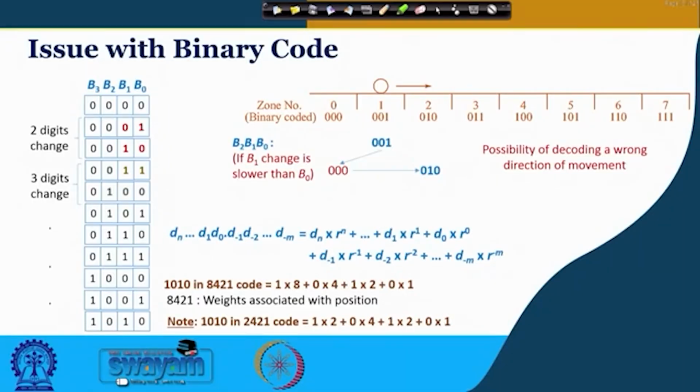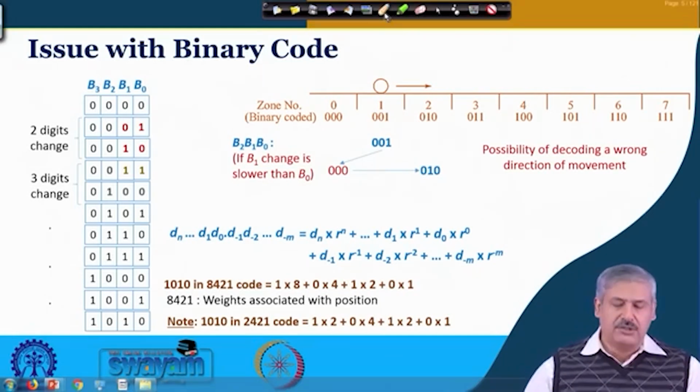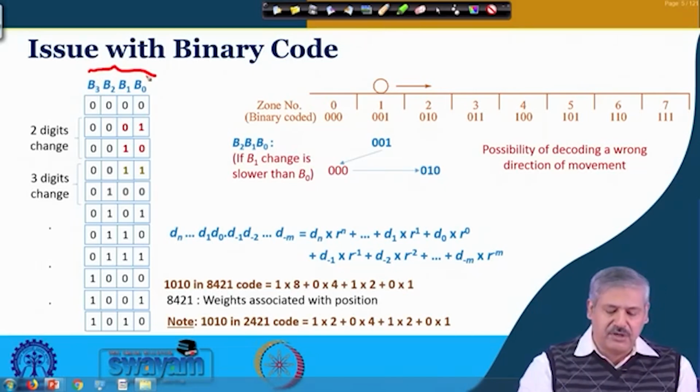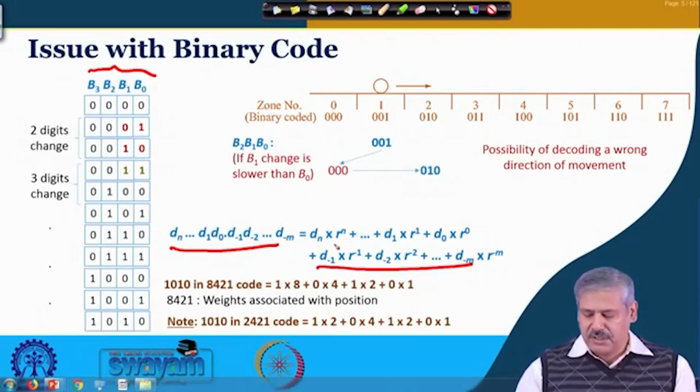If we remember, a quick revisit of the binary code: 4 digit numbers B3, B2, B1 and B0. With the binary code, you remember this formula for the corresponding values. For any number with base or radix r, these are the digits and this is the corresponding value.